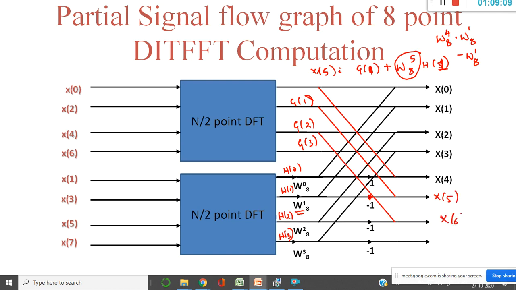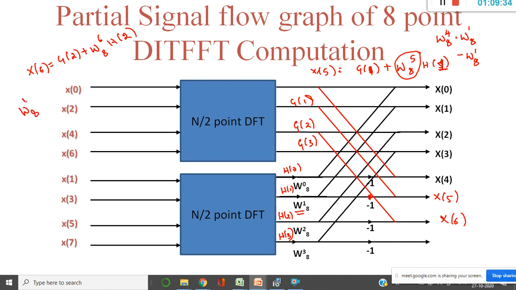Now x of 6, what is x of 6? X of 6 equals g of 2 plus w8 to the power of 6 into h of 2. What is w8 to the power of 6?